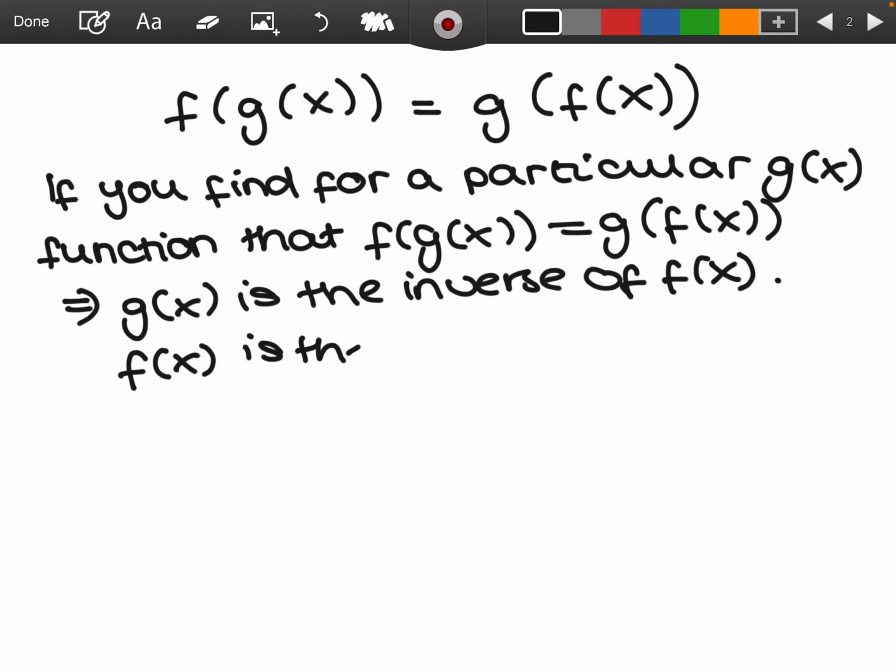And vice versa, f of x is also the inverse of g of x. They are inverses of one another.